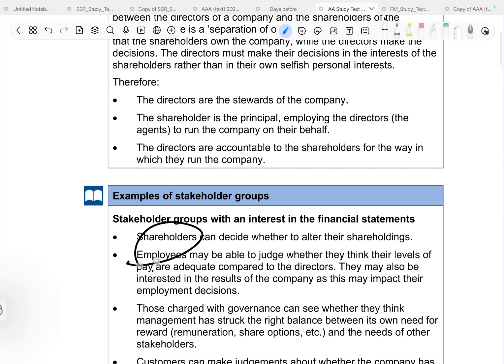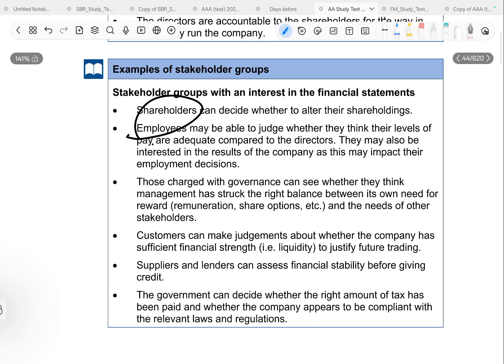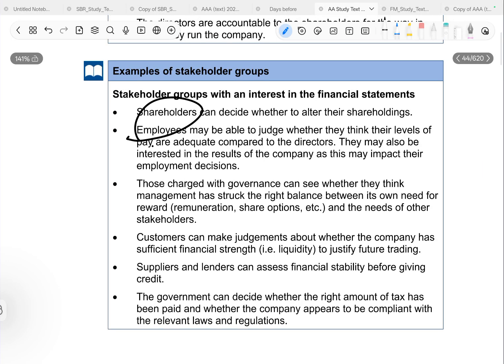Second, we have employees. Employees might look at financial statements to understand how well the company is performing. For example, if the company is making profits, employees might feel their salary increase should also reflect that success. They might also evaluate whether the company is financially stable enough to provide long-term employment.